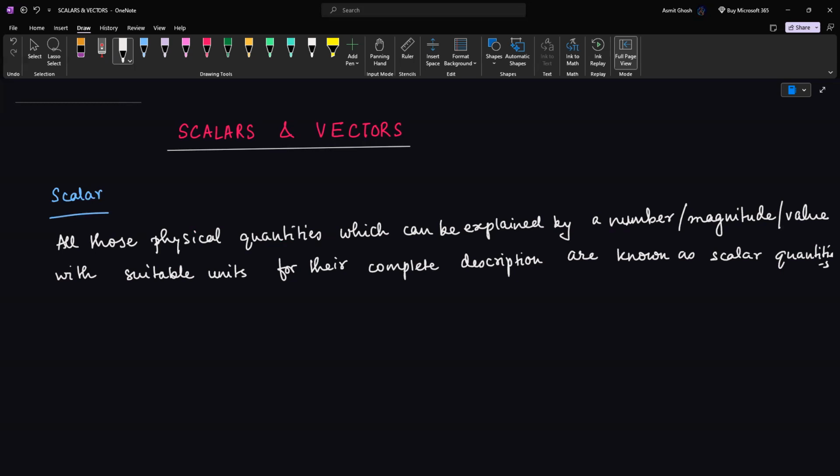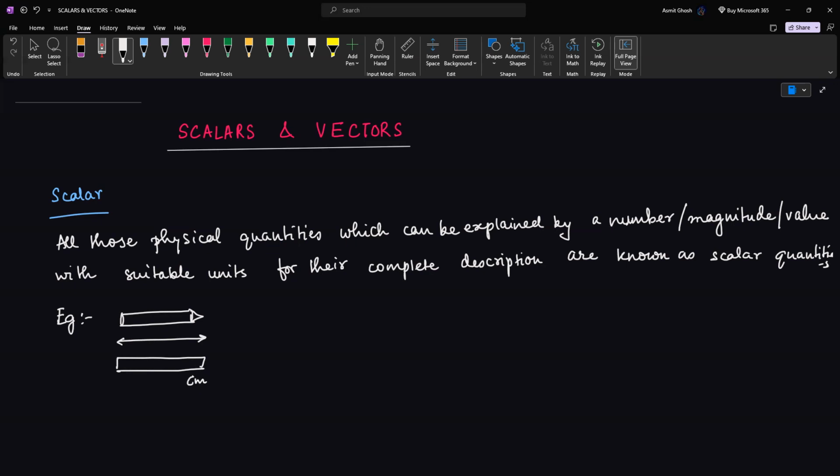For example, let me give you a situation where you need to measure, let's say, the length of your pencil. To measure it, you will use a scale with calibration in the centimeter unit.